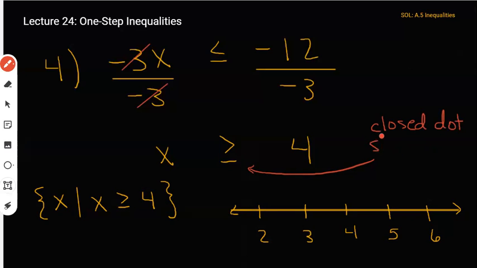And I'm going to shade to the right because it's pointing to the right. So I'm going to put that closed dot on 4, just like you see up here. And I'm going to shade to the right. And that's it. That's all there is to it.